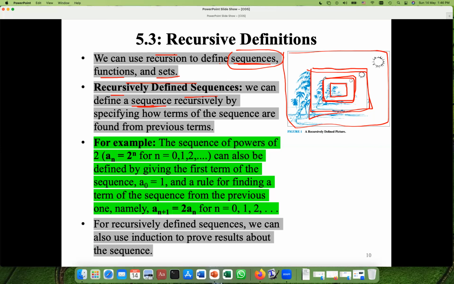But the general definition of recursion is that if you have some problem and you divide it into smaller subproblems, and each smaller subproblem is doing the same thing, and you keep dividing and doing the same thing again and again to find your result, that is called recursion. Up to now, maybe you will not understand the definition of recursion, but when I reach the recursive algorithm, then you will understand.